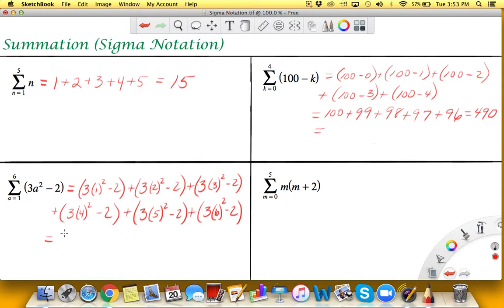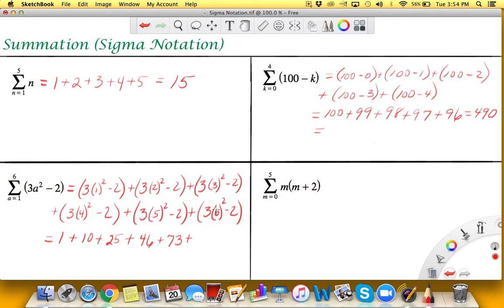Now when we do this, we're going to get several different values. We have 3 minus 2, which is 1, plus 3 times 4, which is 12, minus 2 is 10, plus 3 times 9, which is 27, minus 2, which is 25, plus 3 times 16, which is 48, minus 2, which is 46, plus 3 times 25, which is 75, minus 2, so that gives us 73.